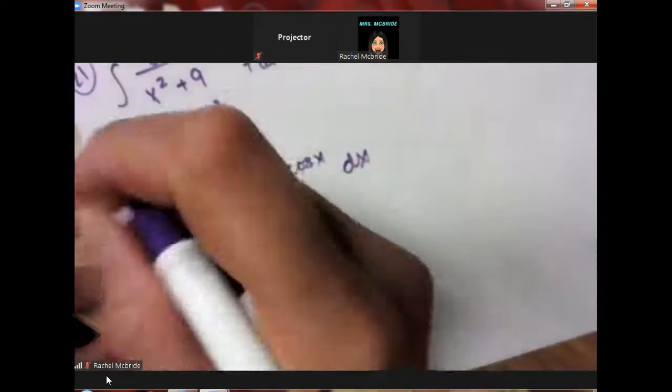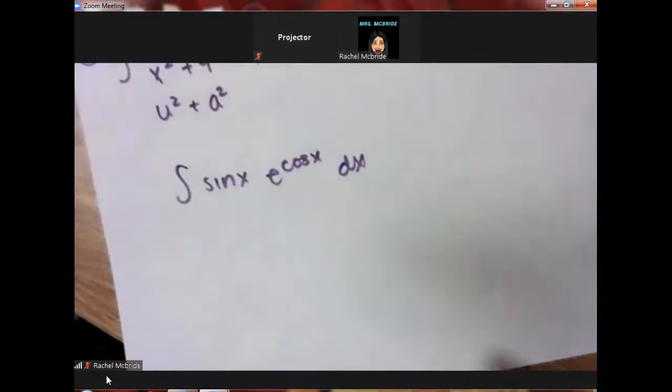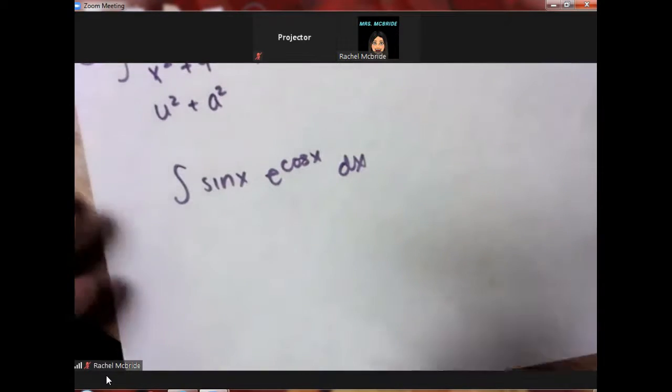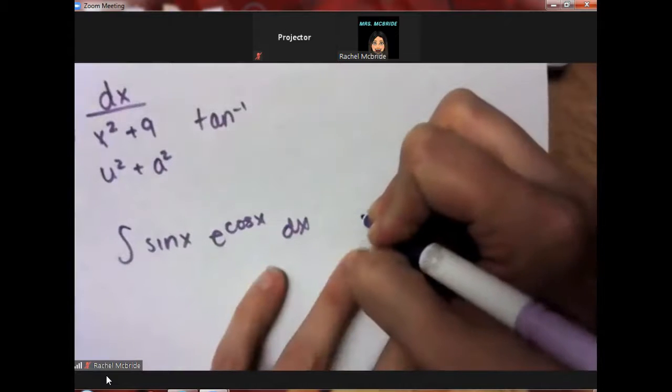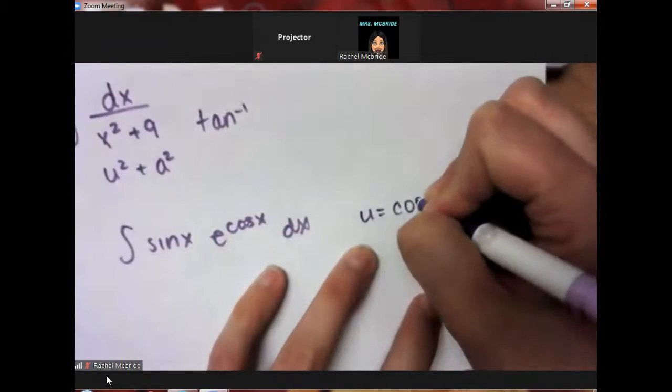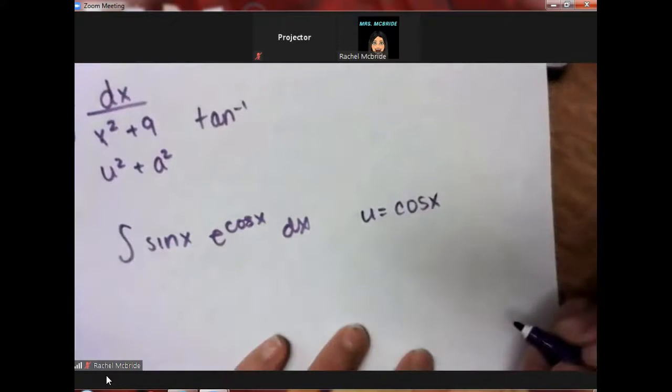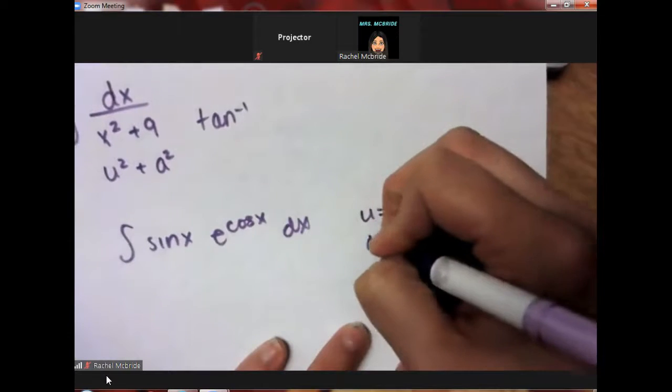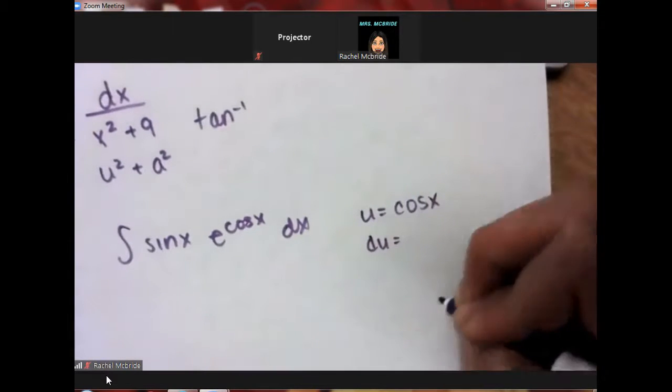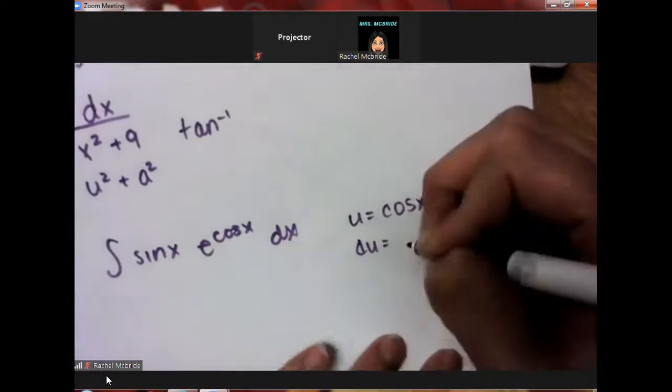All right, so on that first page, this problem here, remember the rule of thumb is whatever the exponent is for e is your u. So without even looking at this problem, my u value is automatically cosine x. The derivative of cosine is negative sine.